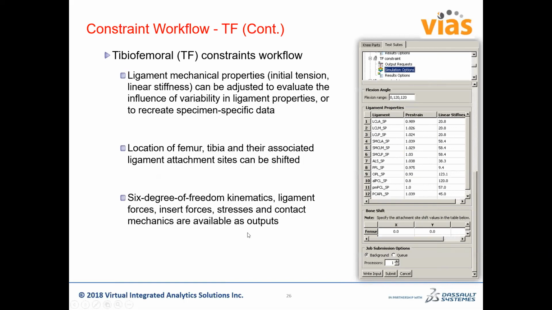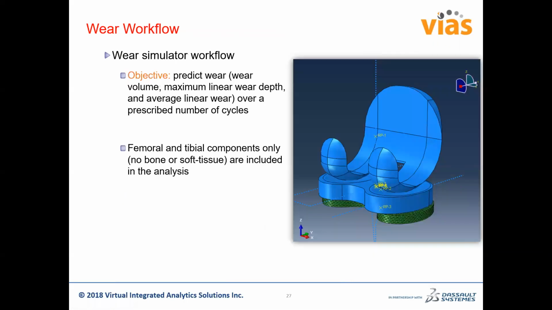stresses, and contact mechanics. The fourth workflow which we have in AKS is the wear simulator workflow, where we predict the wear on the tibial insert over a number of gait cycles. Femoral and tibial components are included, no bone or soft tissue.